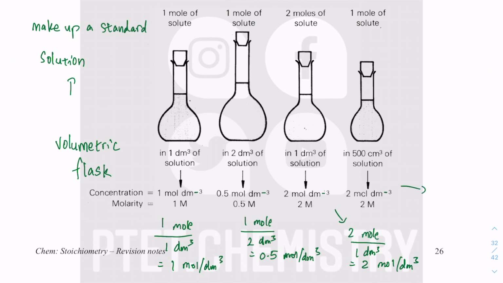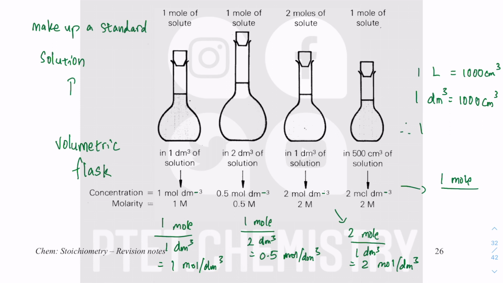And last but not least, we have 1 mole over 500 cm cube. We know that 1 dm cube is equal to 1000 cm cube from our last lecture tutorial, because 1 dm is 10 cm, and 1 dm cube is also 1 liter, which is also 1000 cm cube.